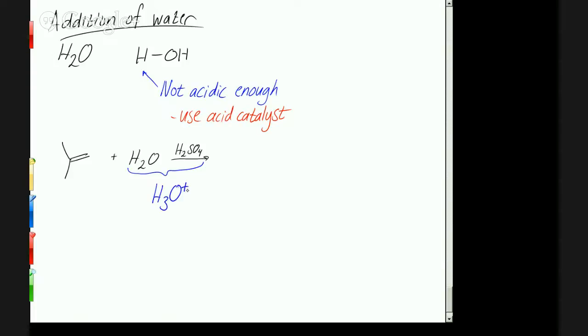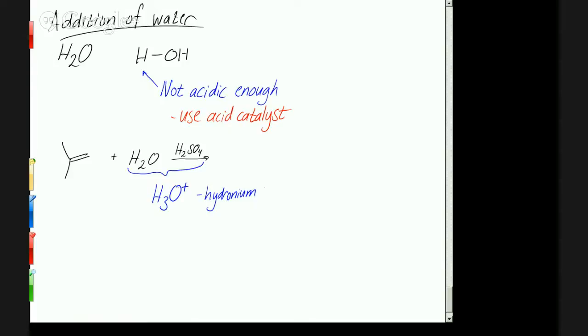Hydronium ion, H3O plus. Yeah, so water actually acts as a base around a strong acid and grabs a hydrogen from the acid. So you have this protonated water, which is H3O plus or hydronium. So hydronium is strong enough of an acid to get attacked by the alkene.